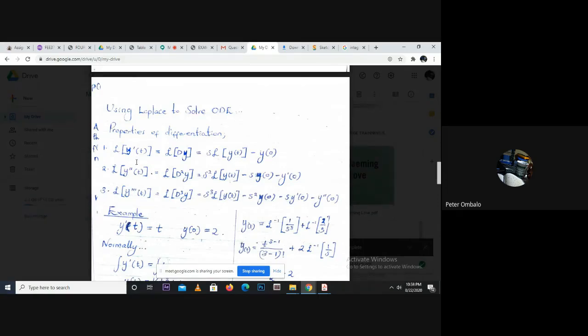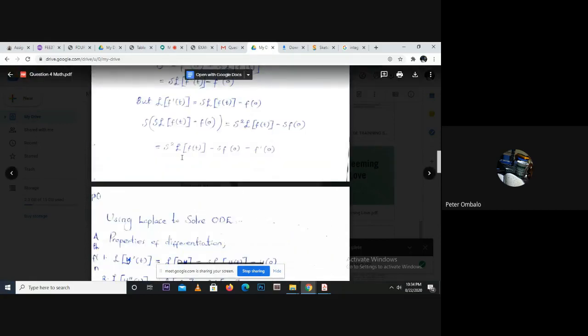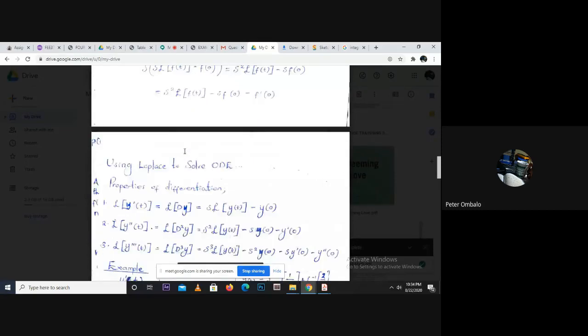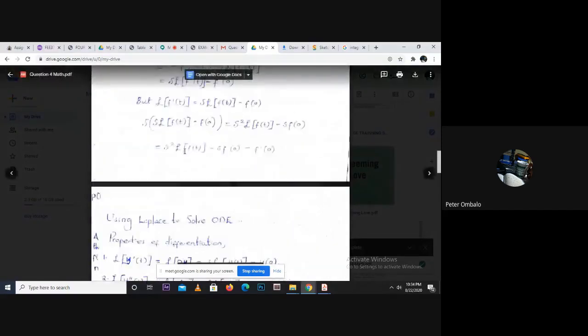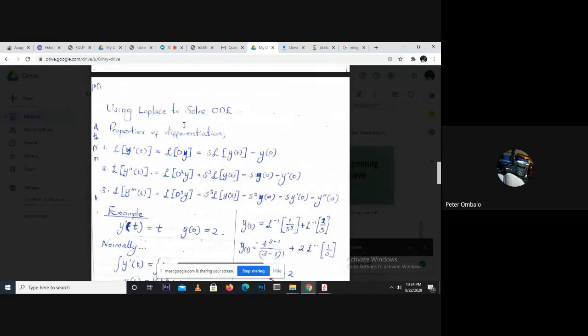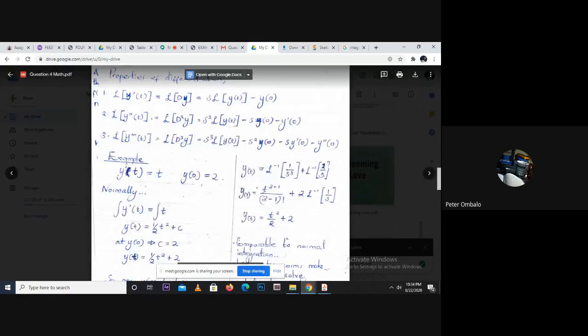That way we can even express the Laplace transform of the nth derivative of any function, which I think was the last part of this question. I'll do that and send it, but it basically follows suit. So I'll just do the solution and then send it to the group.